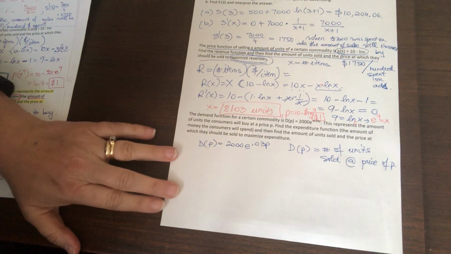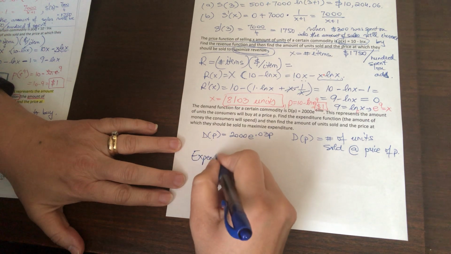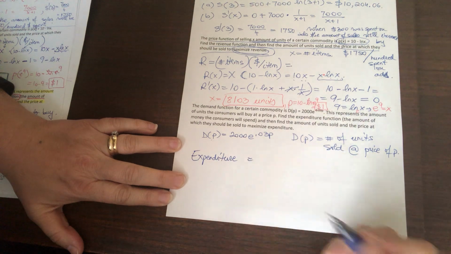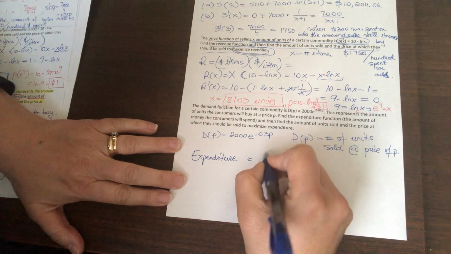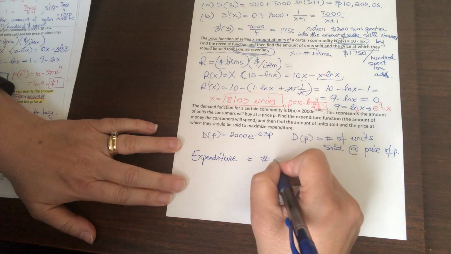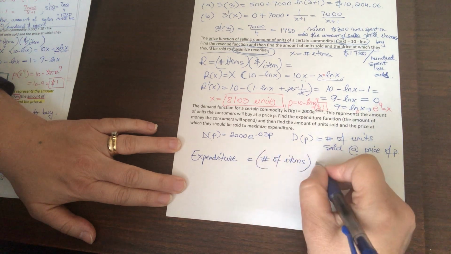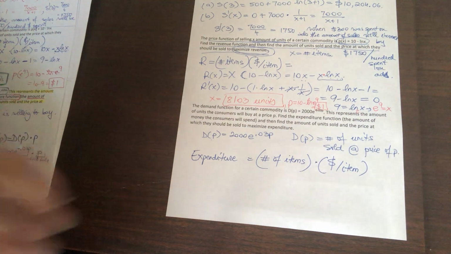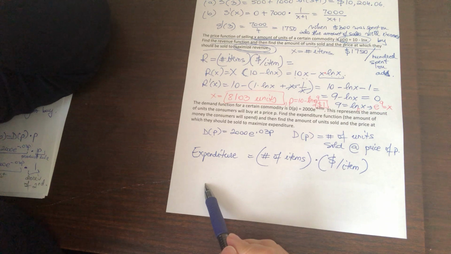Good. Find the expenditure function. Expenditure is the amount spent. So what is the amount spent? How much money are the consumers spending? Well, their spending depends on how many items they're buying, right? So the number of items they're purchasing times the price per item, yes? One way we could look at it as revenue in the pockets of the manufacturers.